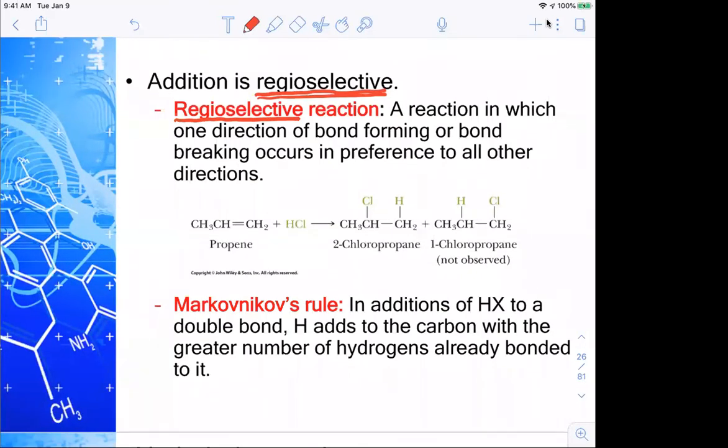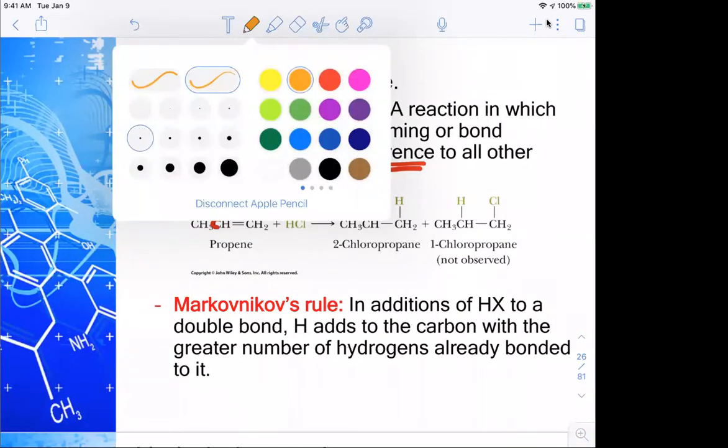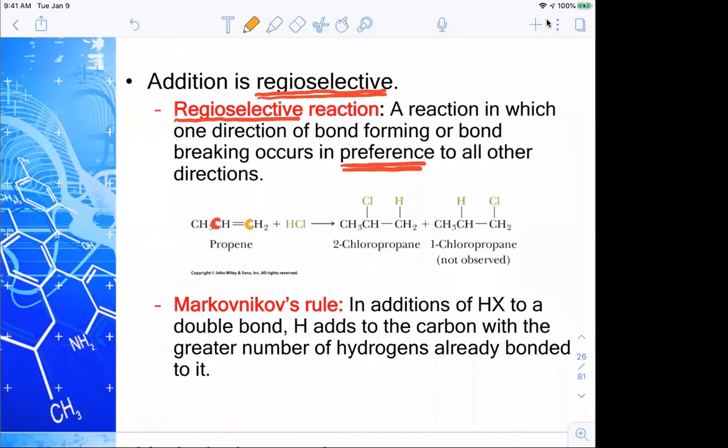And if I can make two products by changing the carbons to which my atoms add, one of those products is made in preference. So it's regioselective.